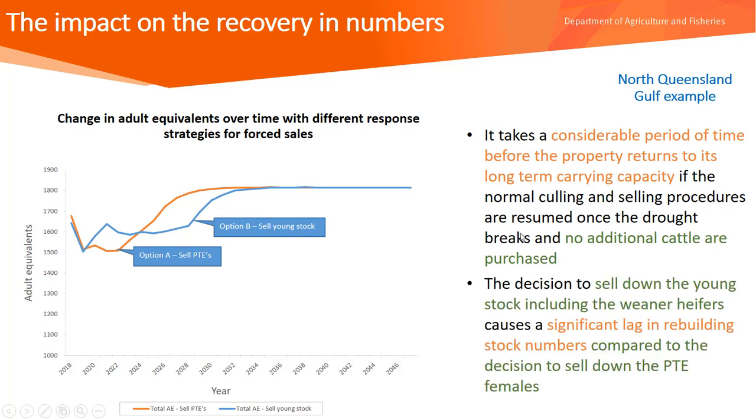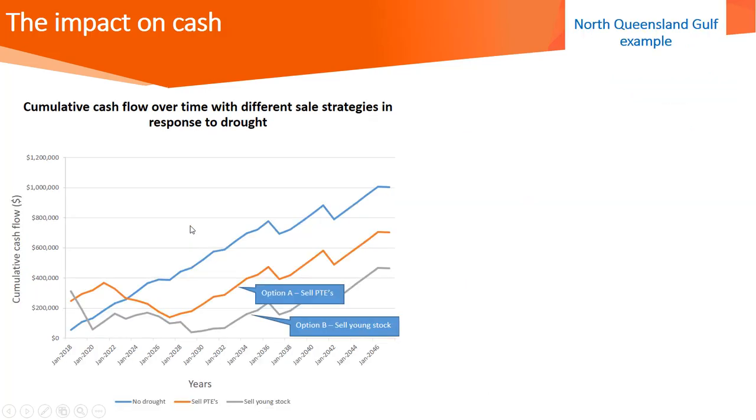The decision to sell down the young stock, which is option B, including the weaner heifers, does cause a significant lag, this lag here, compared to the decision to sell down the PTE females. Basically because you sell down the females, you do keep your young stock, and then they come through and rebuild the breeder herd quicker. Whereas selling down the young stock means you've got to have more calves, build up the herd, and there's that lag there.